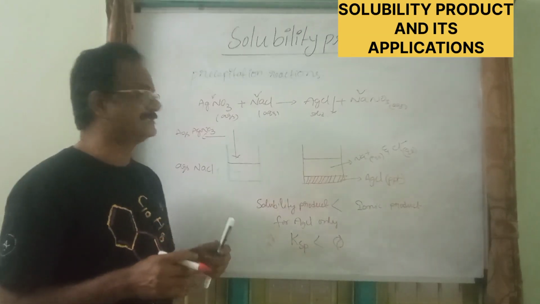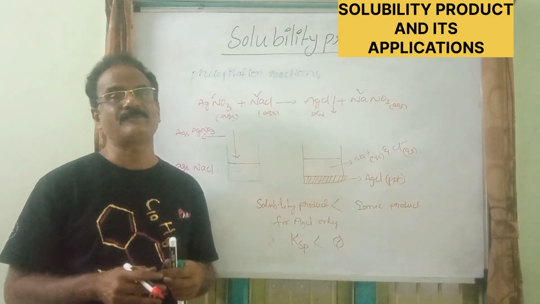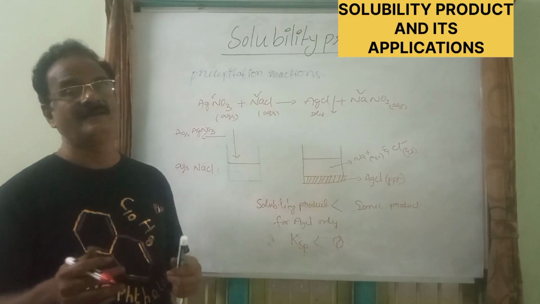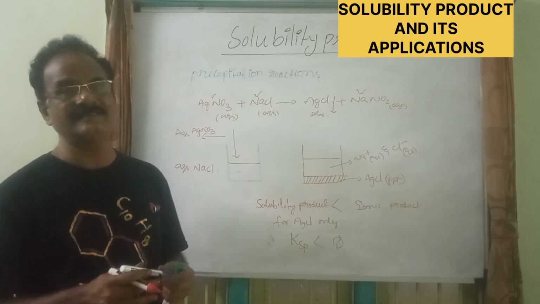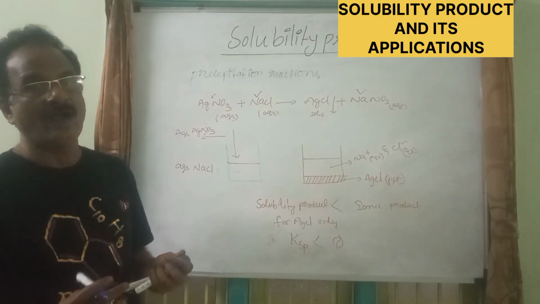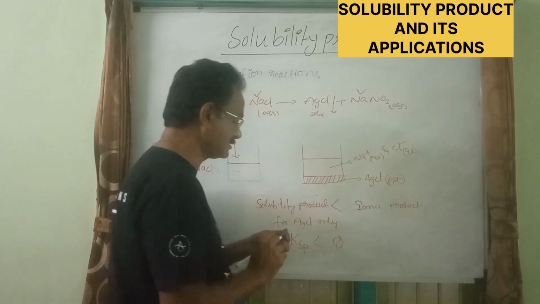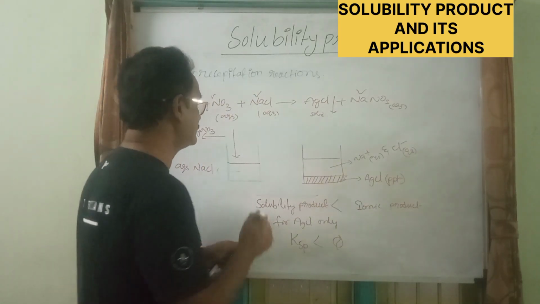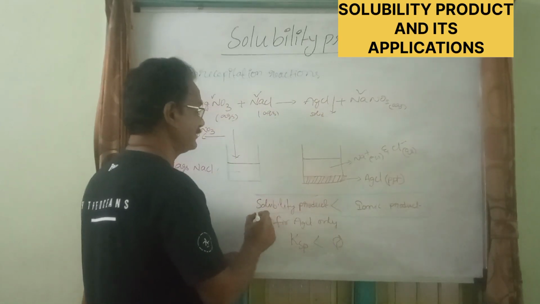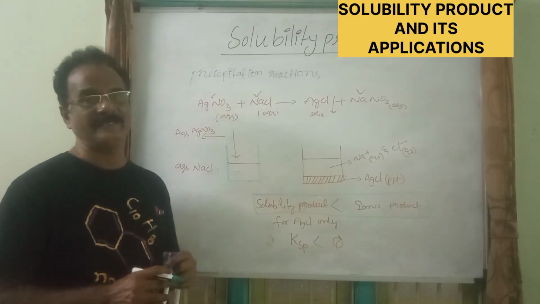For AgCl only, ionic product is greater than solubility product, or solubility product is less than ionic product. Is it clear? So by knowing solubility product values, we can explain which substance gets precipitated and which substance cannot get precipitated.